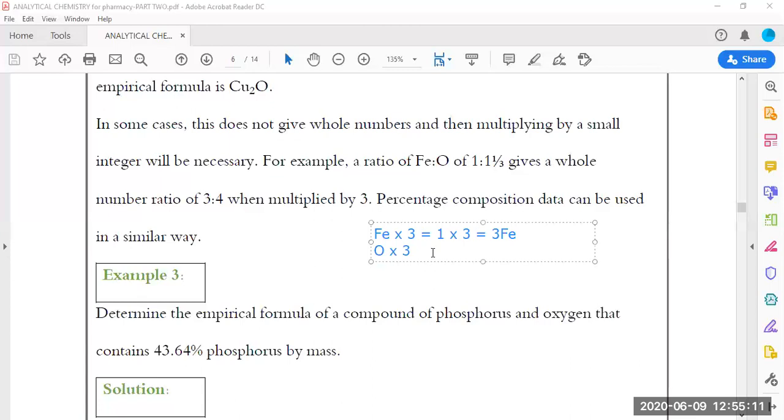And for oxygen, again, 1 and 1/3 times 3, which gives 4. So it is Fe3O4.